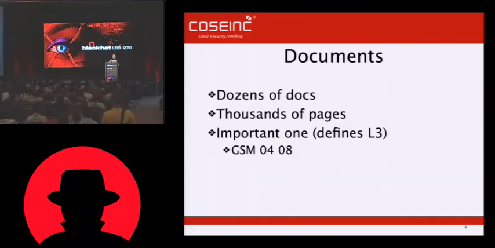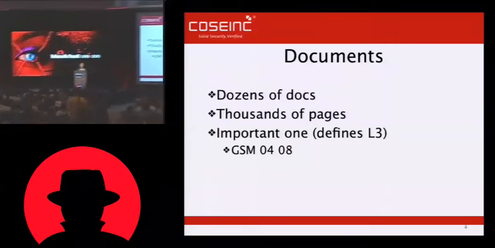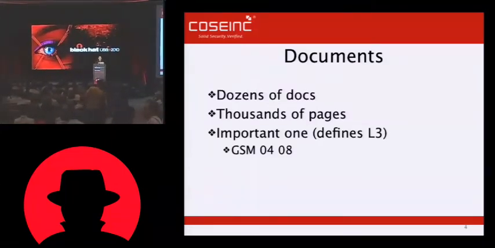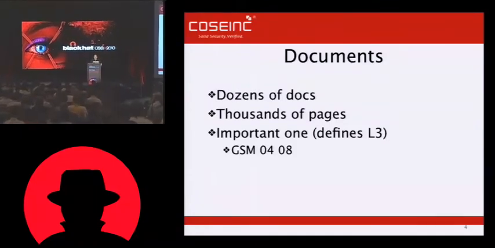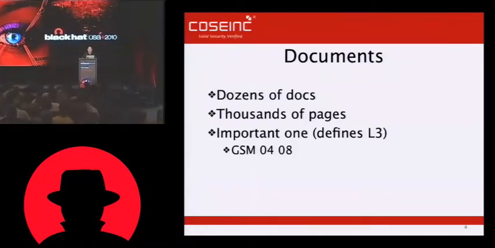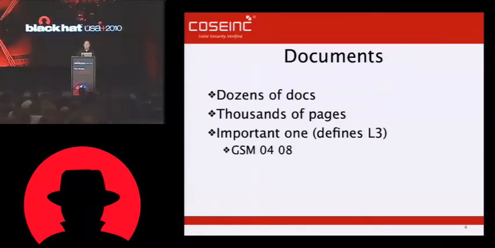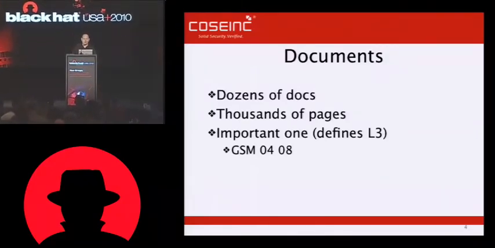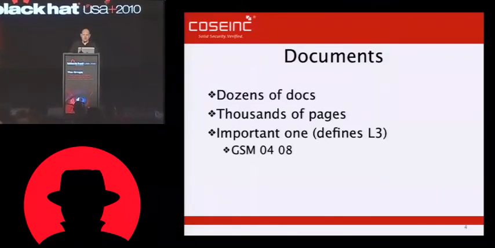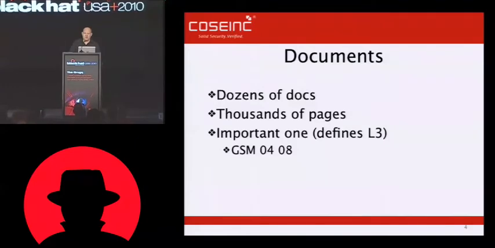So the GSM protocol is absolutely huge. It's made up of dozens and dozens of documentation. Like there are these 1,000-page PDFs that you have to read. So, for example, to understand the L1 layer, which is the radio encoding layer, you have to read a 500-page document called GSM 0508.